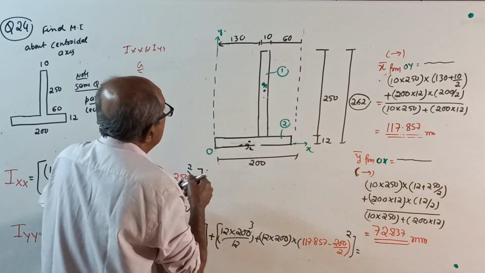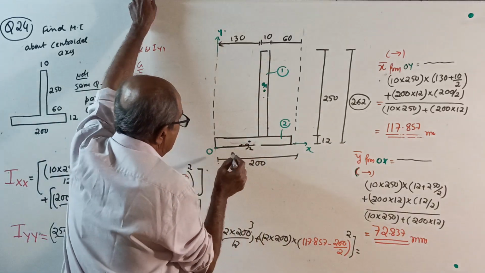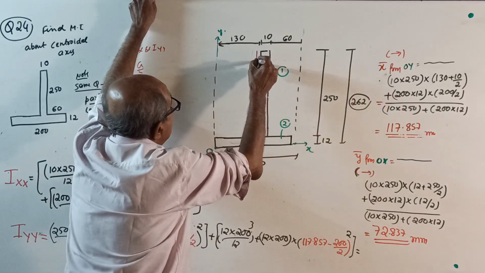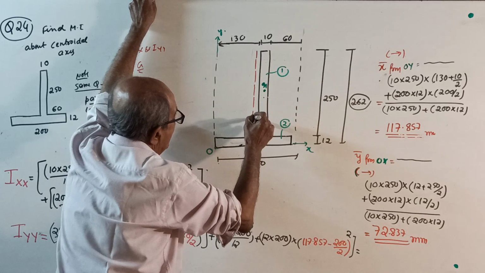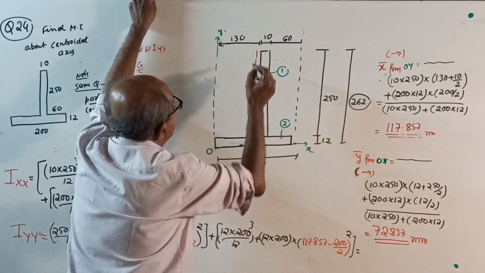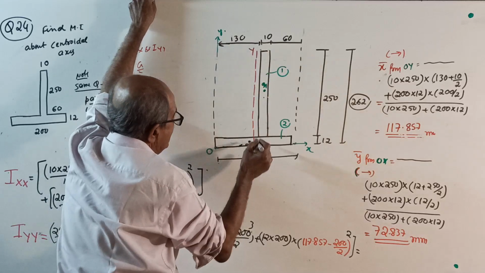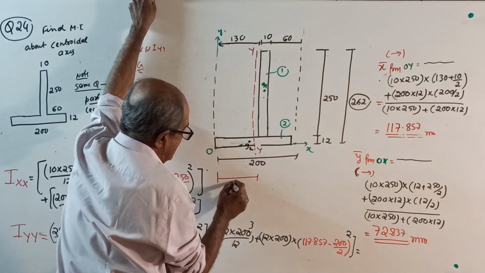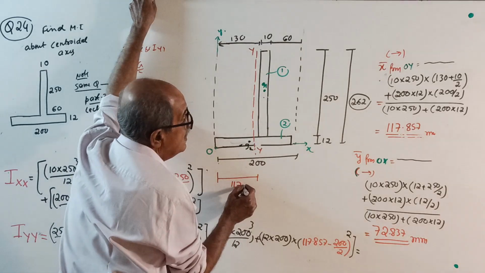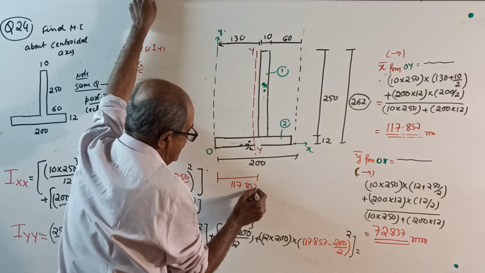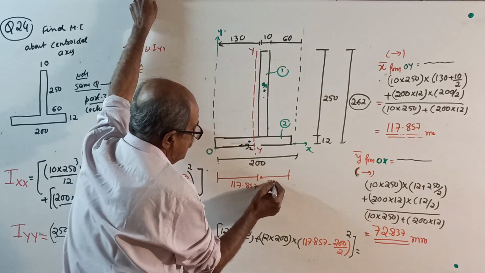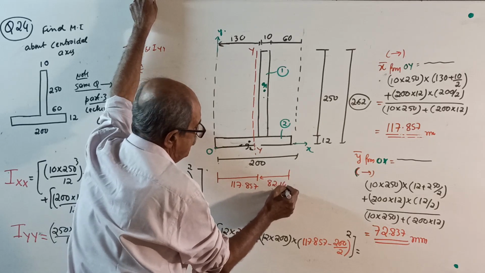Now X bar you got 117. This is 100. This is 130. See, here, after G2, but before this junction, this is YY. From here to here is X bar, 117.857. From other side, calculate, it will be 82.143.